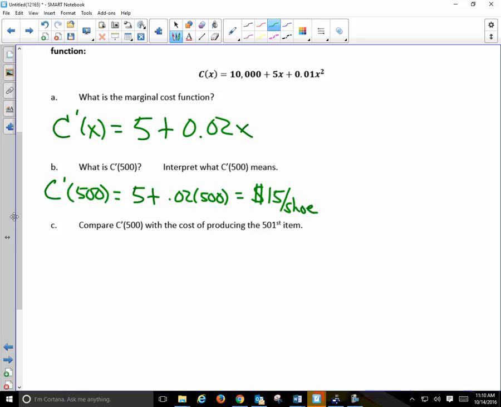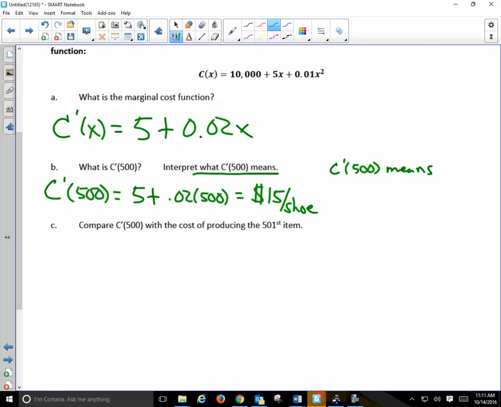So the question is, interpret what C prime of 500 means. Here's the things it does not mean. It costs us $15 to produce each pair of shoes. That's not what it means. And it does not mean that the average cost has been $15.